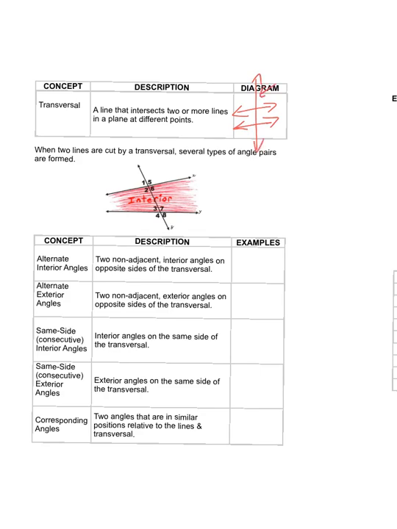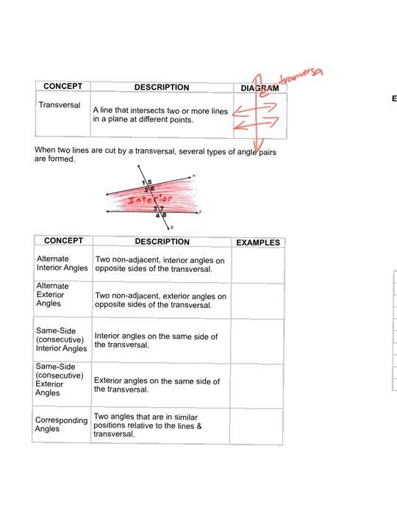So this right here would be considered the transversal. Now, when two lines are cut by a transversal, we have different types of angle pairs that are formed. We have alternate interior angles, alternate exterior angles, same side interior angles, sometimes called consecutive interior angles, same side exterior angles, and we also have corresponding angles.